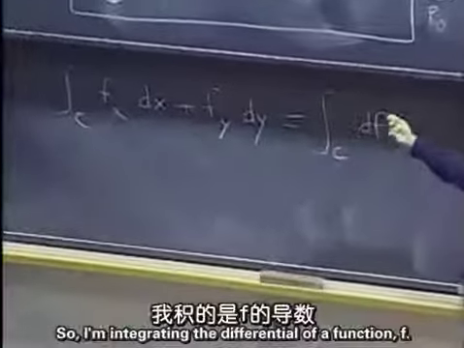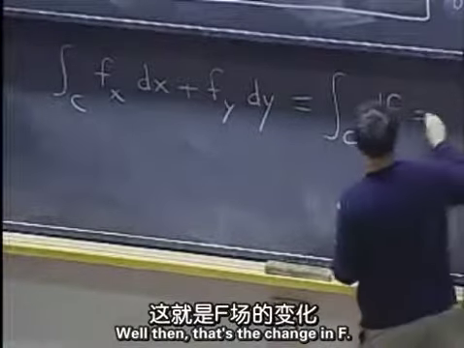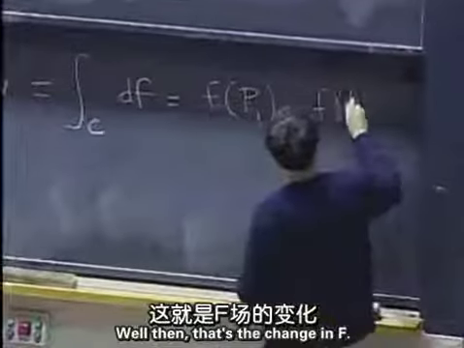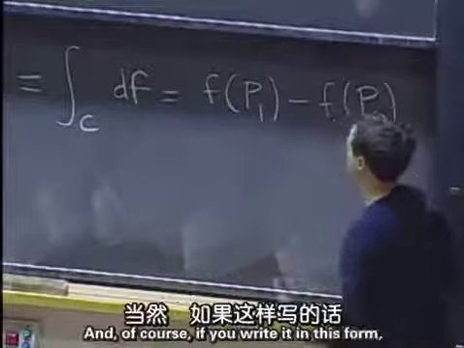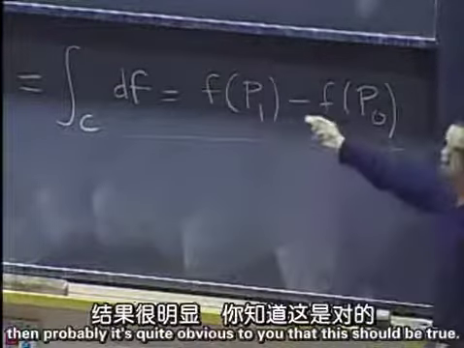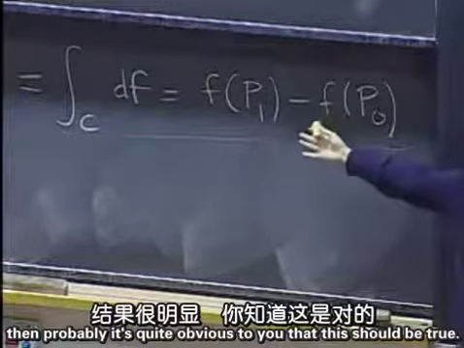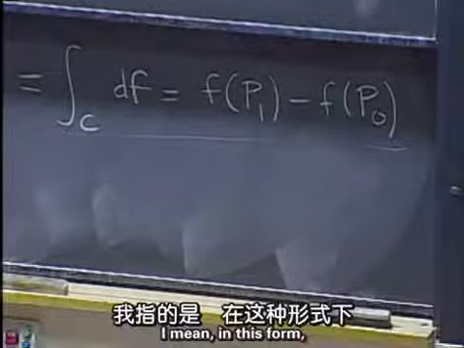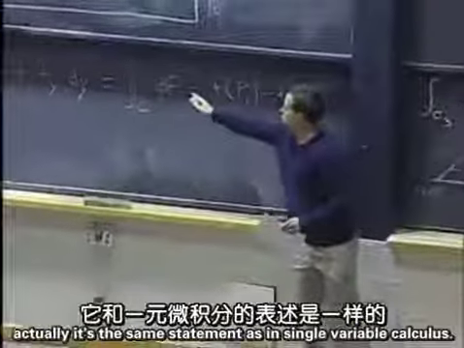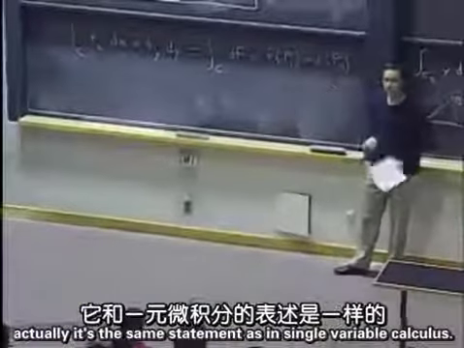So I'm integrating the differential of the function f. Well, then that's the change in f. And of course, if you write it in this form, then probably it's quite obvious to you that this should be true. I mean, in this form, actually, it's the same statement as in single variable calculus. Okay?